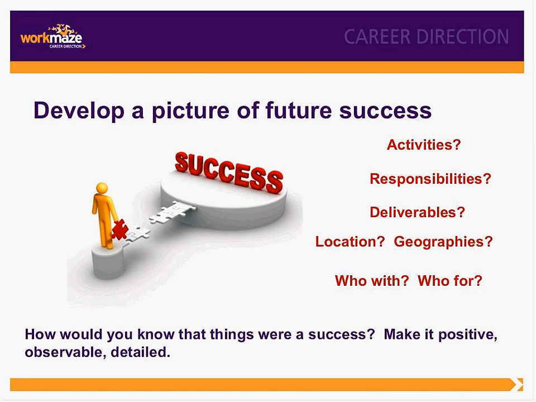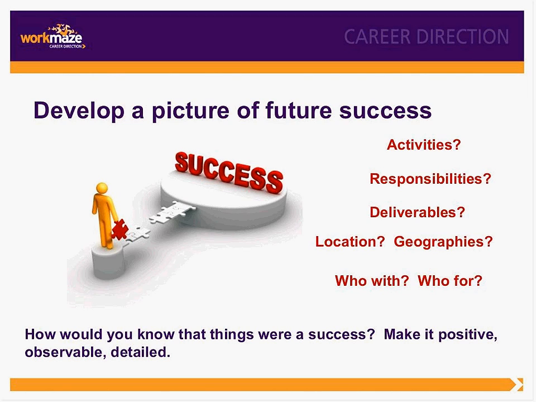So, suppose you could wave a magic wand and suddenly you're 2 years into the future and your career has progressed better than you could possibly have imagined. What would you be seeing around you that told you you had been incredibly successful in your career? What would you be doing on a day-to-day basis? Where would you be working? Who would you be working with?